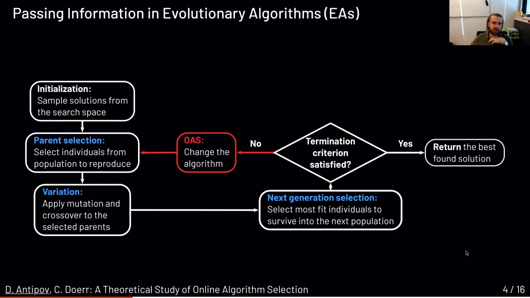And it's easy to insert algorithm selection at the end of each iteration. Let's say that we run an iteration of one algorithm, and if we decide to continue, we can decide whether we should switch to another algorithm, which actually involves how we select parents, how we vary them, and how we select individuals for the next generation.